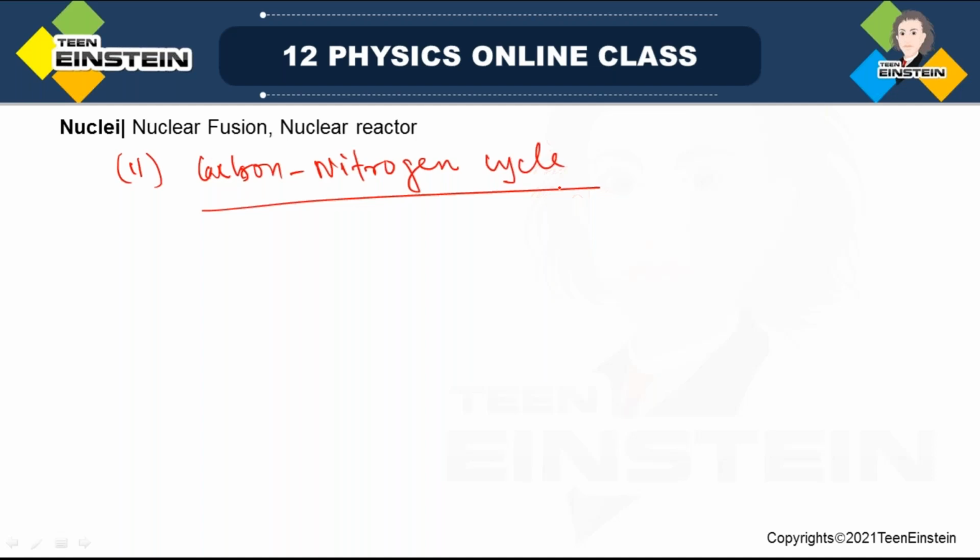In this case, carbon is the main reagent. You should have carbon 6C12, and when a proton is fused, it gets converted into nitrogen 7N13, the light nitrogen.